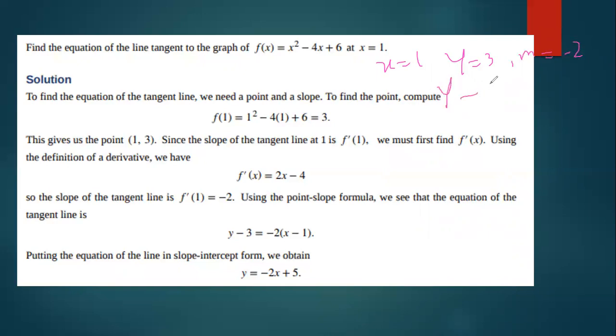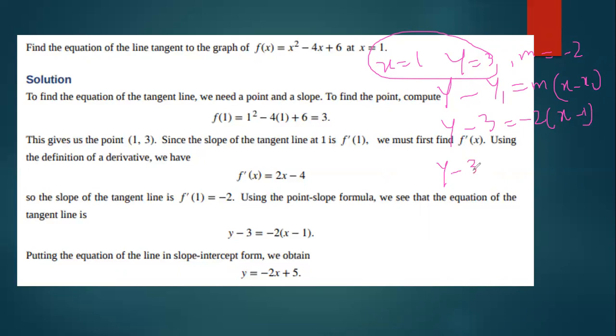As we know, y minus y1 equals m times (x minus x1). These are my coordinates x1 and y1. So y minus 3 equals minus 2 times (x minus 1).